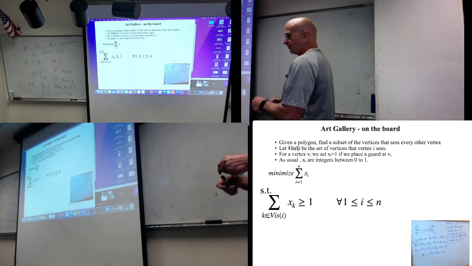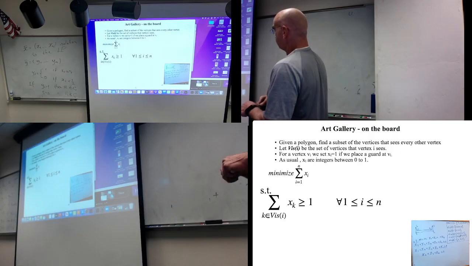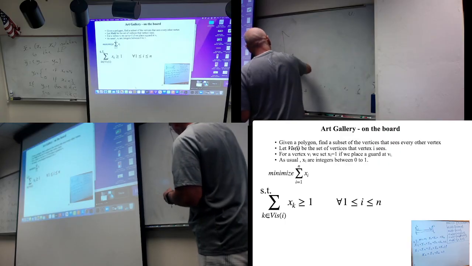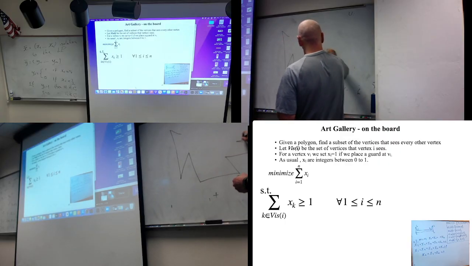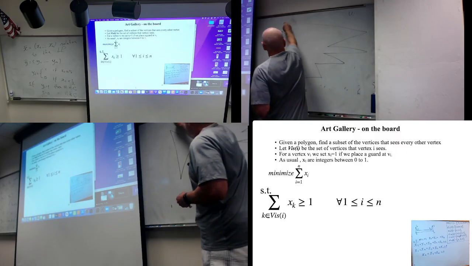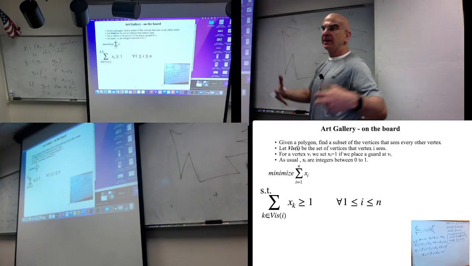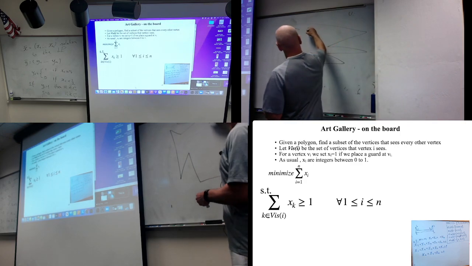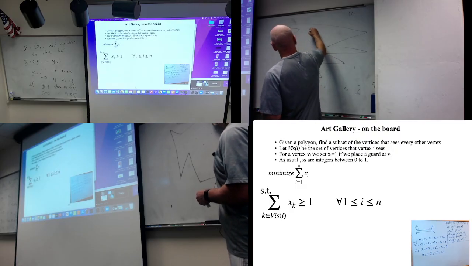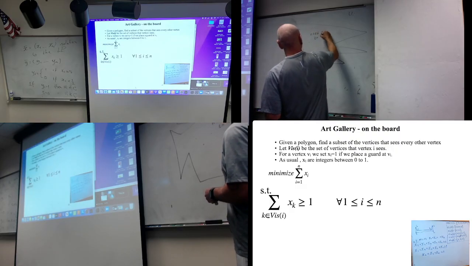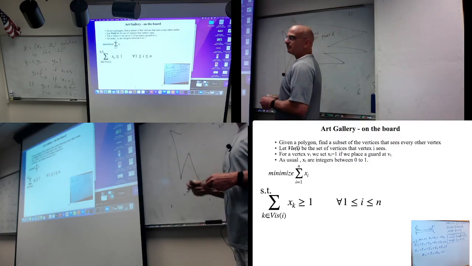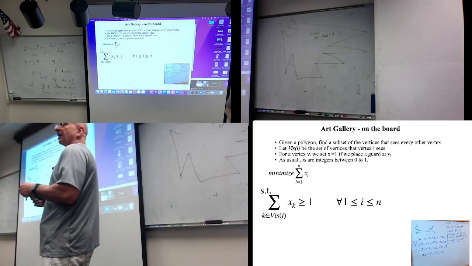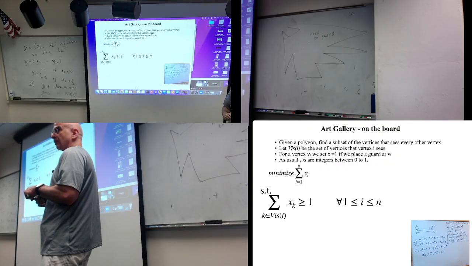Extremely important problem for many applications. In the art gallery problem, I have a polygon or some environment. Maybe it's a polytope, maybe it's a building, maybe it's a terrain with mountains, and there are points that I need to guard. Maybe it's every point in the polygon. Here, for simplicity, I'll assume that I only need to guard the vertices of the polygon.